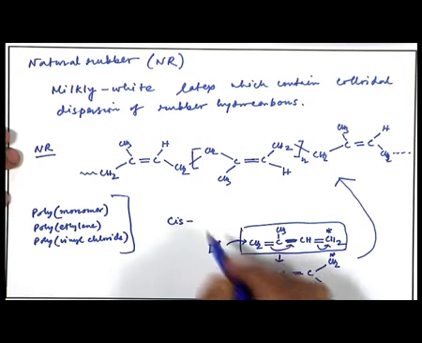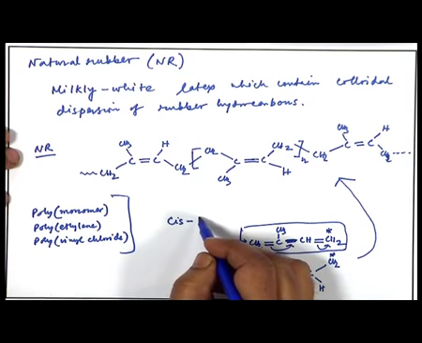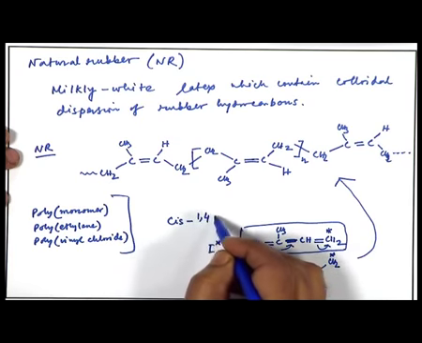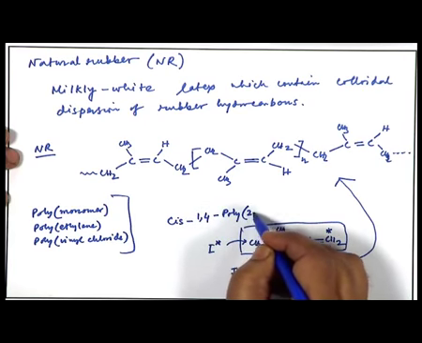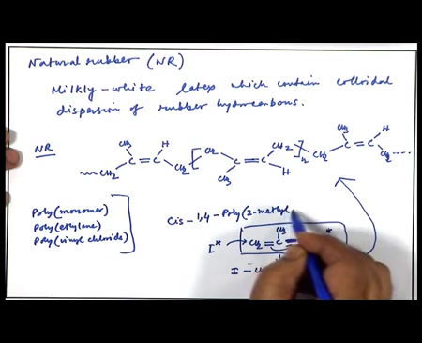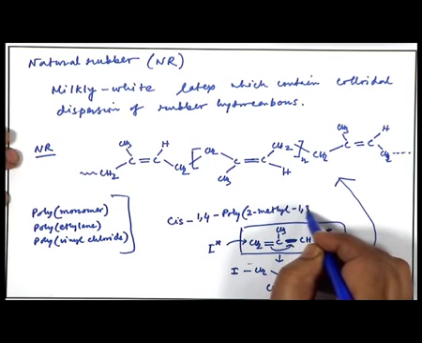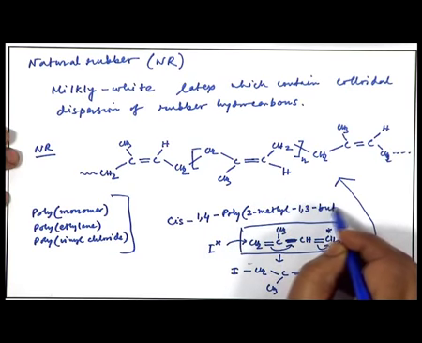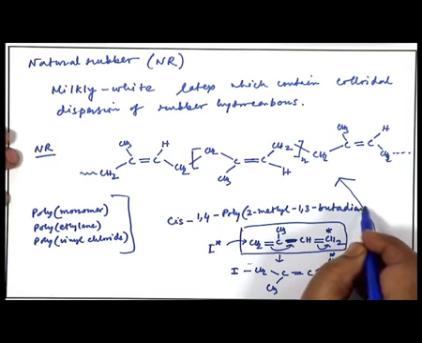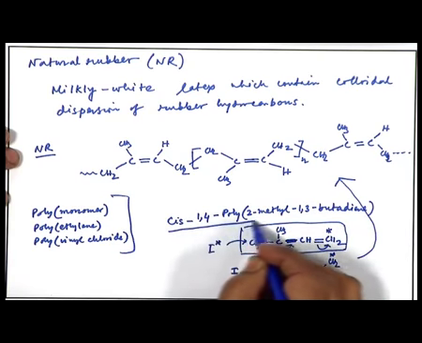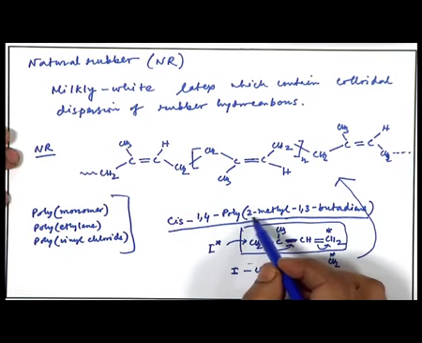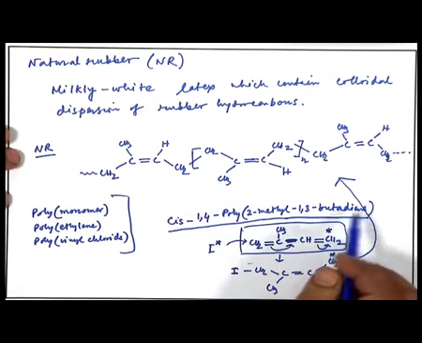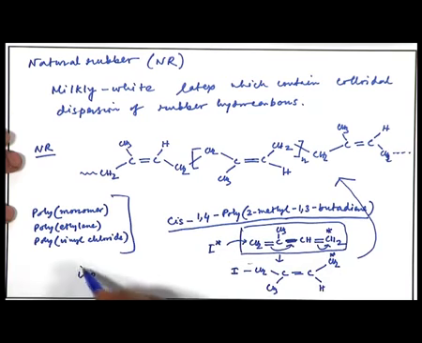So, we are writing cis 1,4 poly 2-methyl 1,3-butadiene. This is the name of this natural polymer, and this 2-methyl 1,3-butadiene is also commonly written as isoprene.